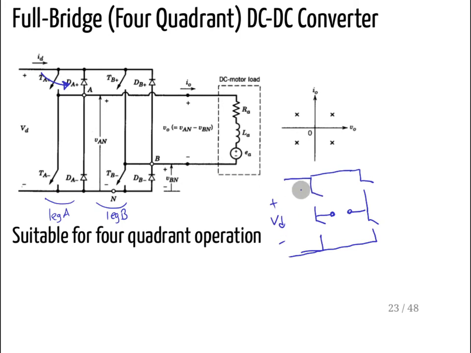So this is TA positive, TA negative, TB negative, TB positive. So either you close that one, okay, once they are closed, the output voltage is coming like that, so you see V out is equal to VD.